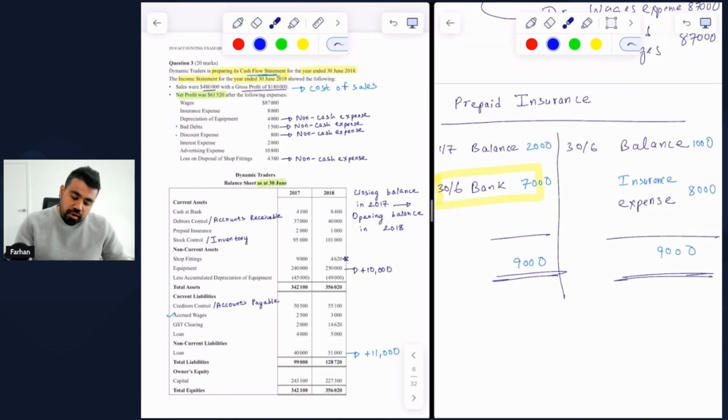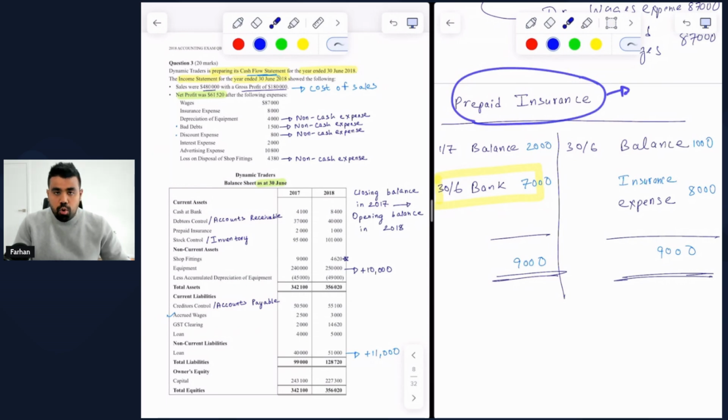So on the right hand side of the screen, you can get to see the ledger account that I have constructed for prepaid insurance. Prepaid insurance is a current asset, and by default, all assets should have an opening balance on the debit side. So on the debit side of the ledger account, 1st of July, opening balance $2,000 for prepaid insurance.